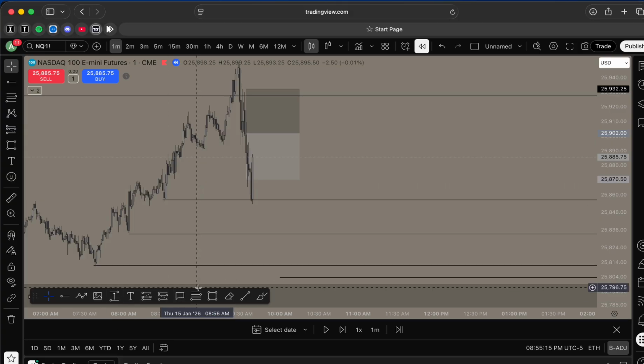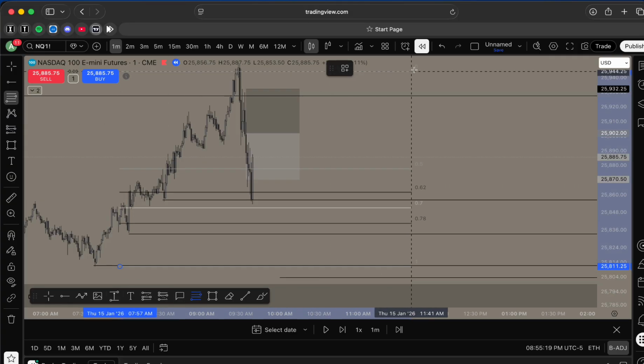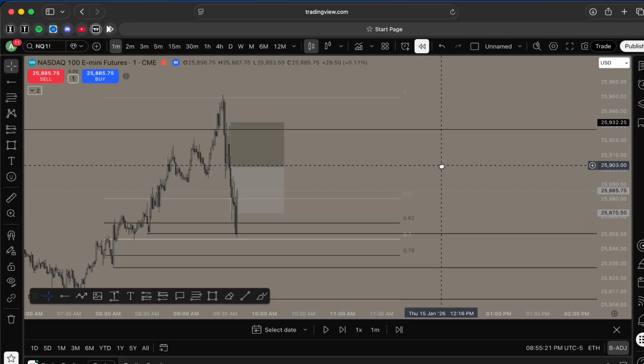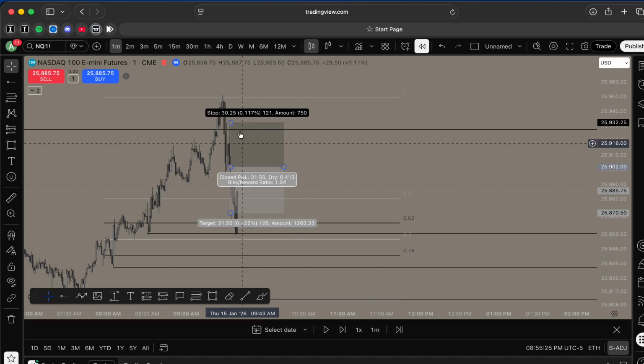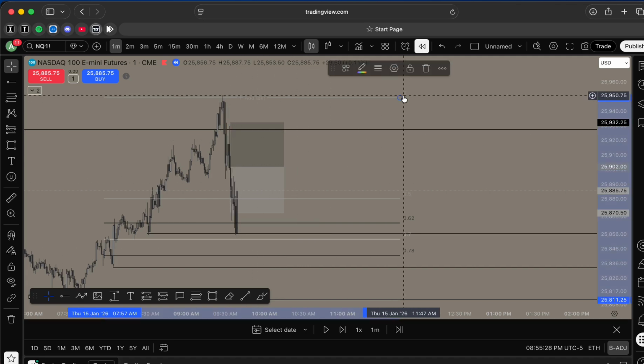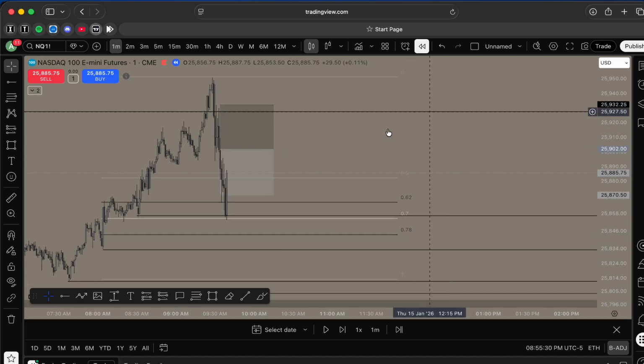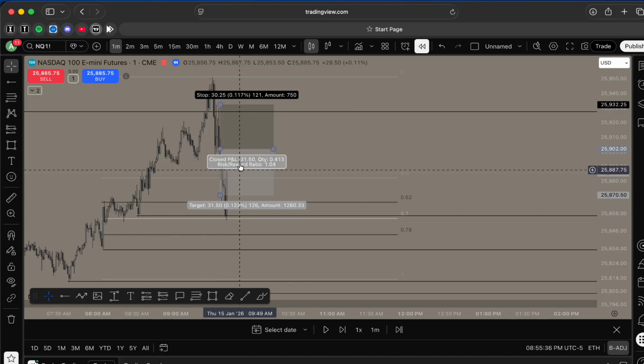First of all, if you pull OTE from this low to the high, this says OTE range. We tapped into 0.62, we tapped 0.7. This is OTE range. I would not be looking to short this unless there's super strong confirmation that we're gonna keep going lower.